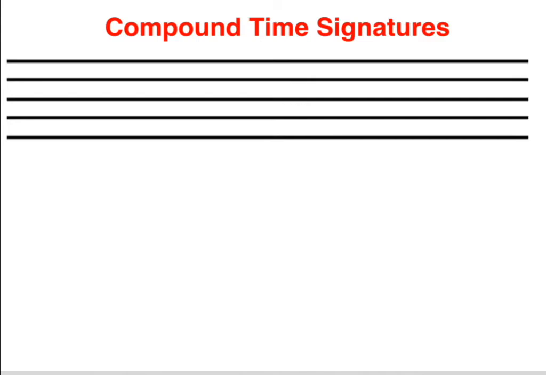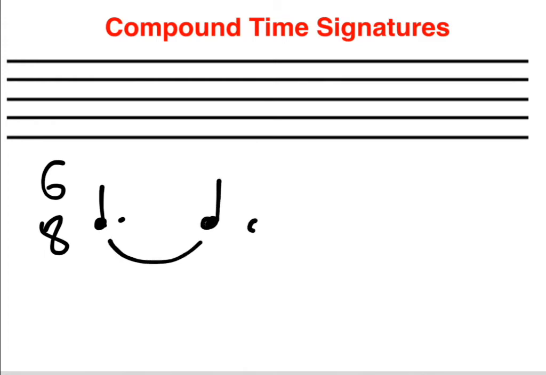So for example, you could have something that looks like this in 6/8. Your dotted crotchet beat tied over to a quaver, the first quaver of a group of 3 quavers. Okay, that's perfectly fine, because you haven't put the tie within the beat. The tie is between one beat and another beat.